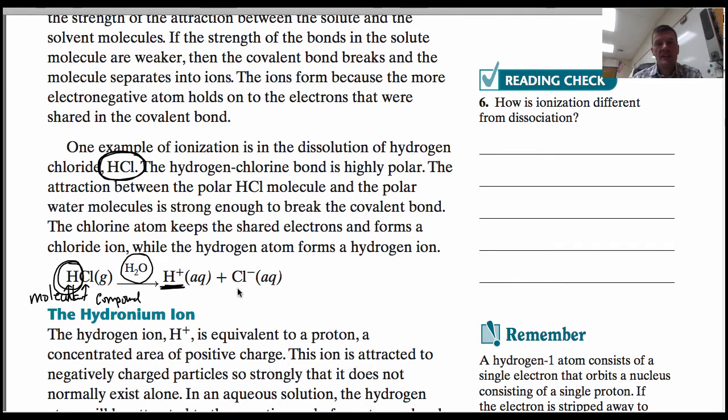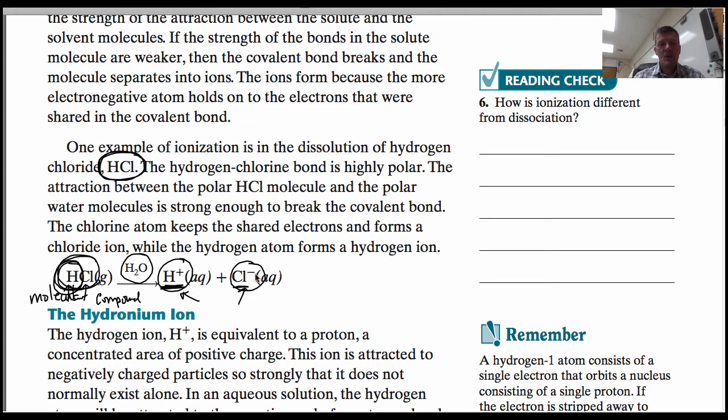Chlorine is a nonmetal. It likes to gain that one electron to complete its outer shell, and so it'll do that from the hydrogen. So even though this is a molecular compound, often if it has hydrogen in it, it will act like a metal and will break apart into ions. And so you're going to have the H+ ion and the chloride ion. And we'll talk more about that as it results in an acid.